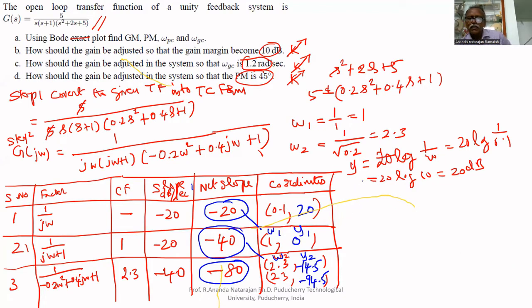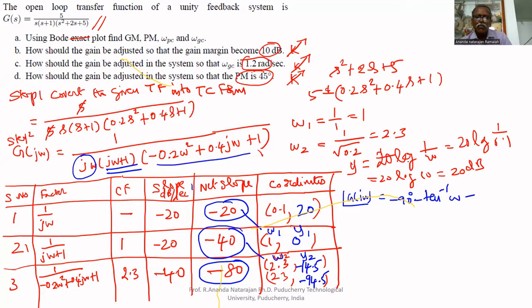What is the angle of G of J omega equal to, the first is J omega in the denominator, so minus 90 degree, minus, because no real part. Then minus tan inverse of omega, minus tan inverse of, what is the imaginary part? 0.4 J omega.